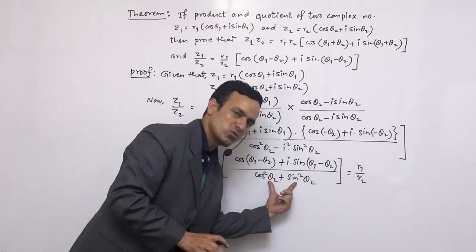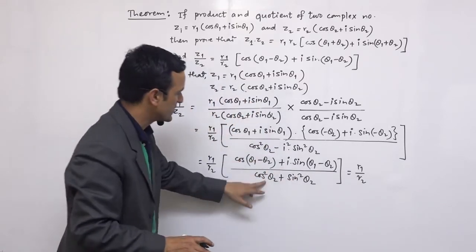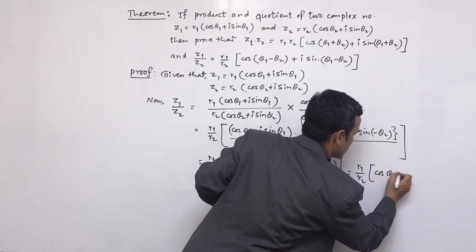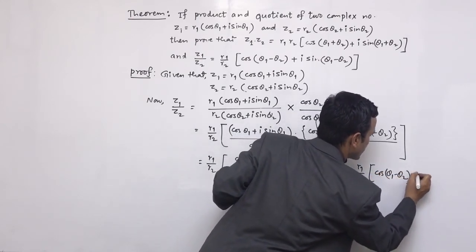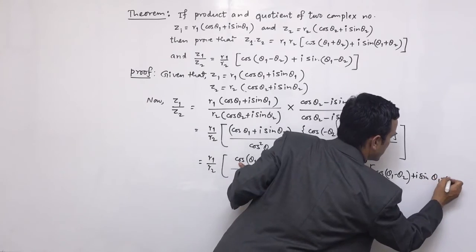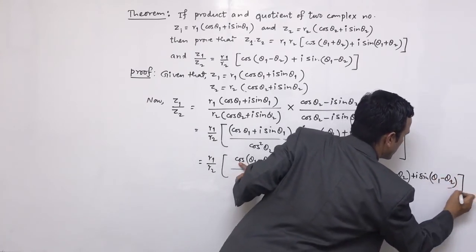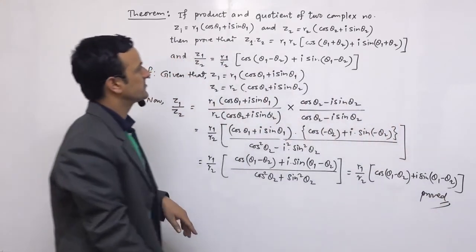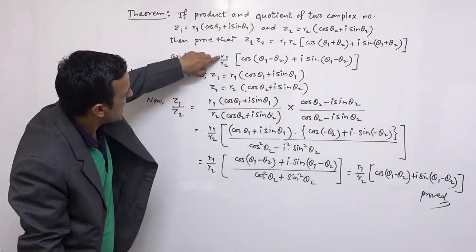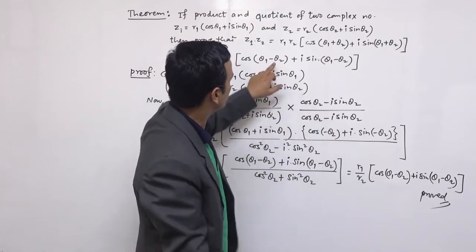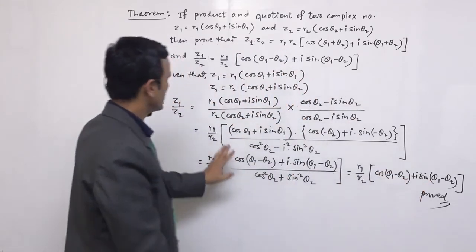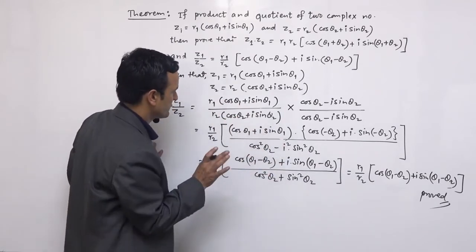This value becomes 1, ignore it. The upper term becomes our formula: cos theta 1 minus theta 2 plus I sin theta 1 minus theta 2. So this is the answer and proved. R1 by R2 is the same, and this result and this result are here. So we can prove like this.